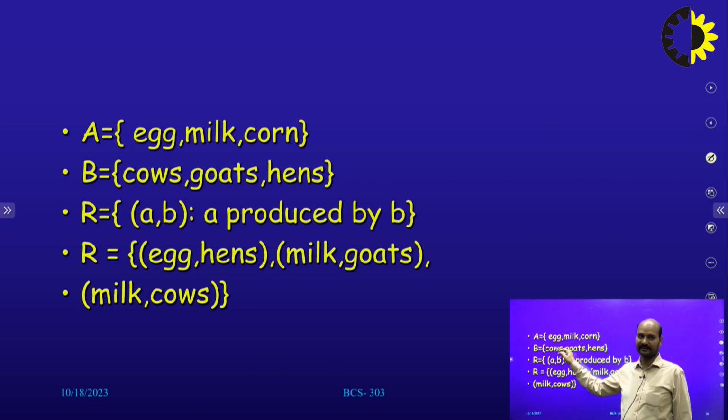No, the relation is not true. Egg produced by goat? No, the relation is not true. Egg produced by hens? Yes, the relation is true. So an ordered pair is constructed, that is egg comma hens.